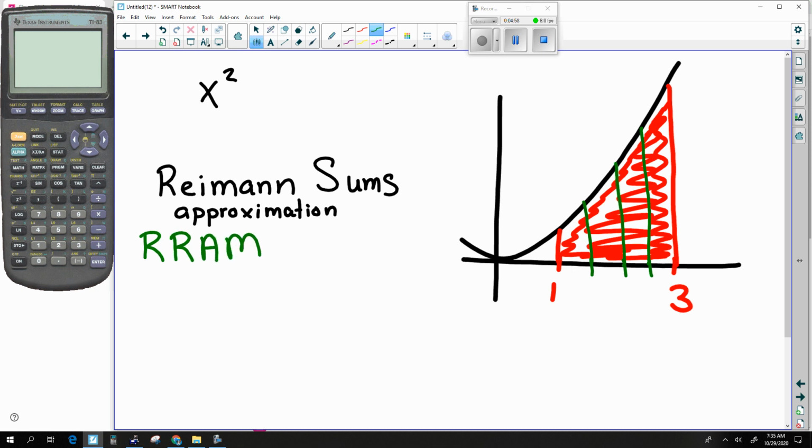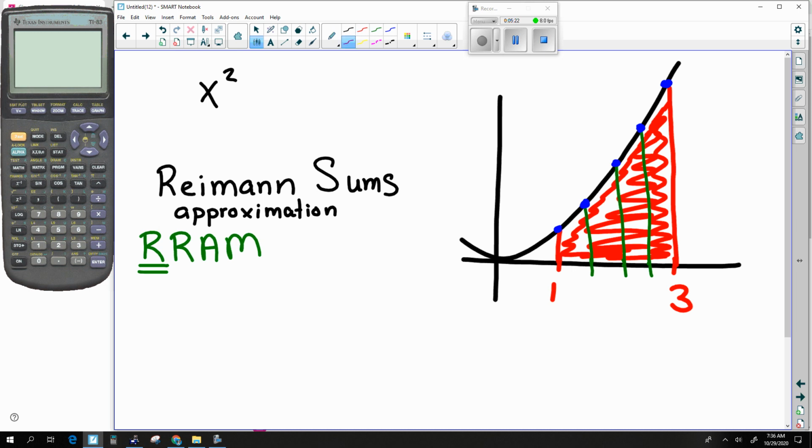So R is for right. What that means is this: if I have all of these potential rectangles, what is going to be the height of the rectangle?